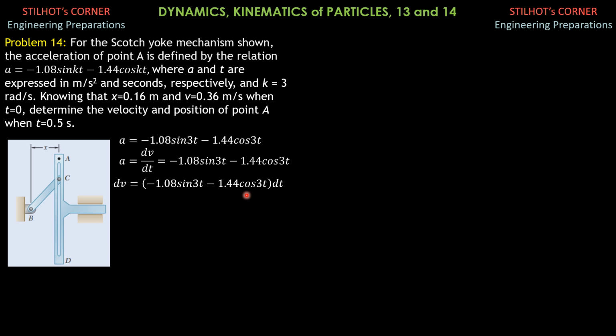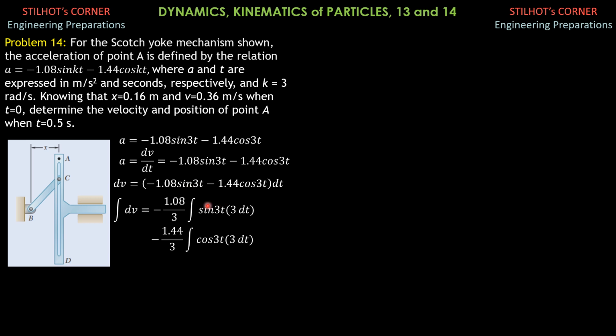Integrating, integral of dv. So with our experience, we divide the terms in the right side by 3. So integral of dv is negative 1.08 over 3 integral of sine 3t times 3 differential t minus 1.44 over 3 integral of cosine 3t times 3 differential of t.